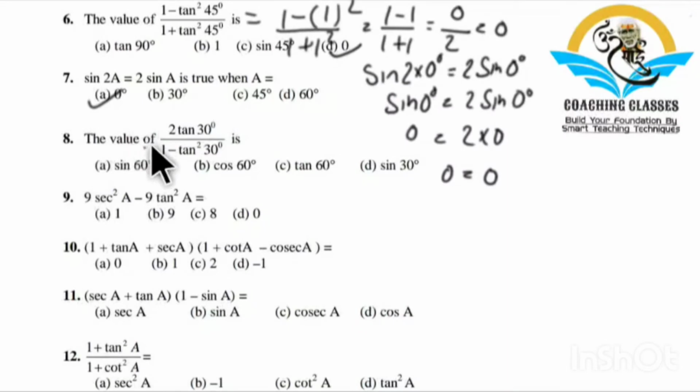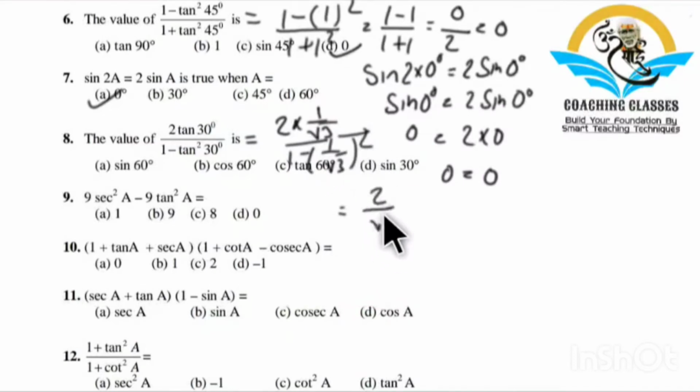Next, question number 8. The value of 2 tan 30 upon 1 minus tan square 30. Here also you have to keep the value, tan 30 is 1 by root 3, upon 1 minus 1 by root 3 whole square. You get 2 by root 3 upon 1 minus 1 by 3. Take LCM in denominator.